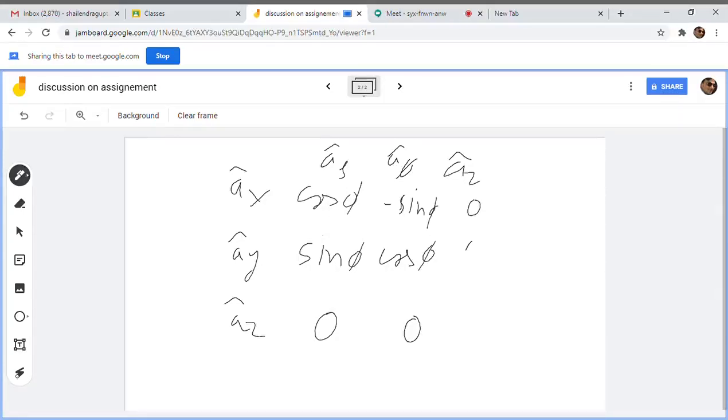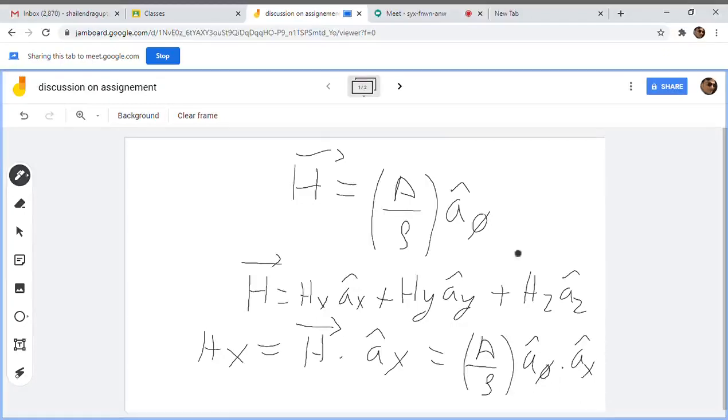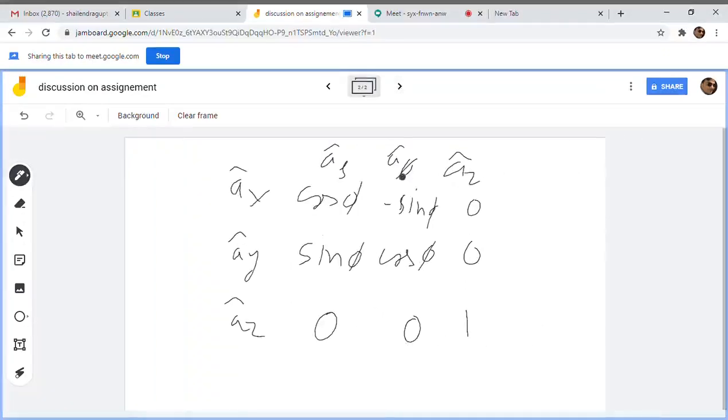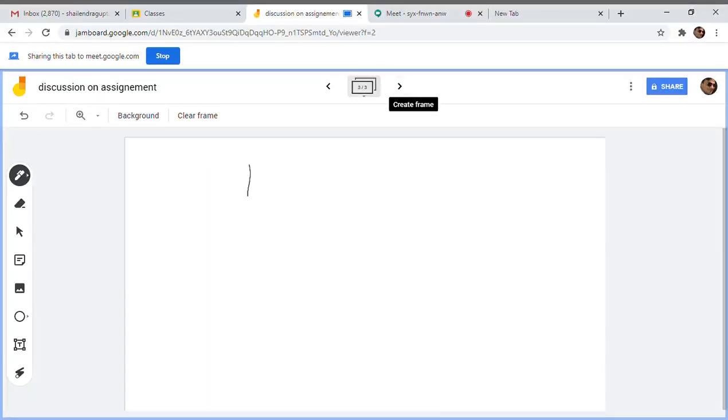Here again it is 0, 0, 1. So what we have to do, we have to take ax dot a phi. Ax dot a phi is minus sin phi. So our Hx will become A, a constant, over rho, into minus sin phi.